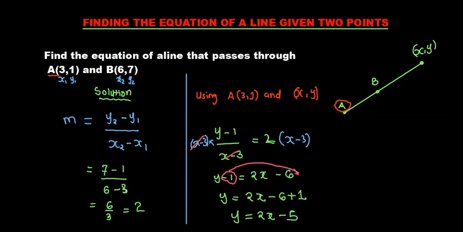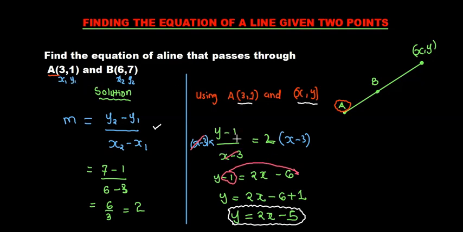So the key areas are, first you need to find the gradient of the line using this formula, and again you work out a gradient. Because you have the gradient, you are going to work out the gradient again using a general point and one of the 2 given points there.